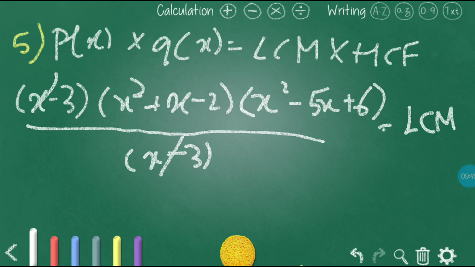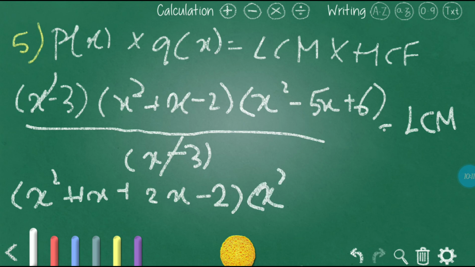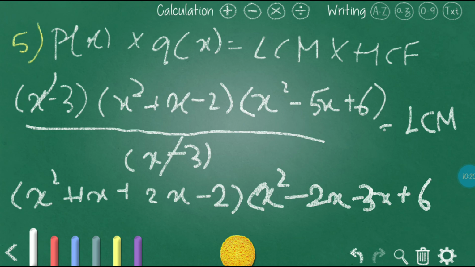Now the remaining two terms are there. We have to solve these two sums now. Okay. x square plus x minus 2, this one we have factorized here. As you know, we multiplied the coefficient with the x square coefficient and we got this answer, so x square plus 2x minus x, sorry, first 2x will come, then minus 3x plus 6.